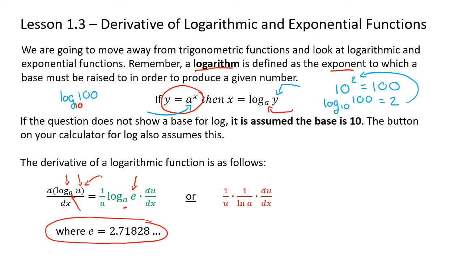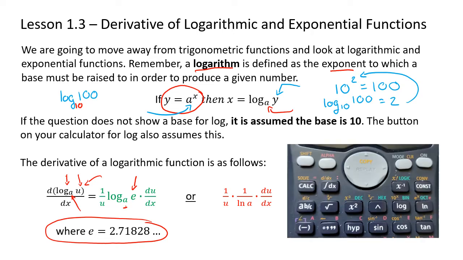or the easier way that I like to do it is to use the natural logarithm. So the natural logarithm involves the ln button. If you look, this is a picture of my calculator, and most calculators are similar. You'll see that there's a log button, and right beside it is the ln button.